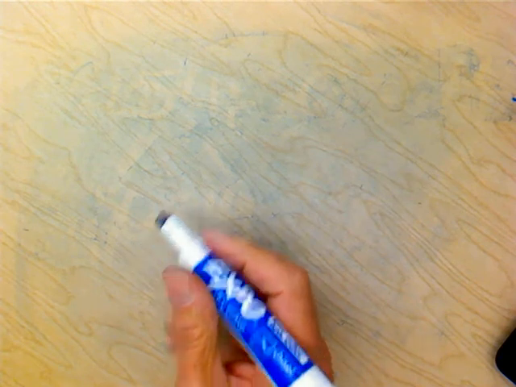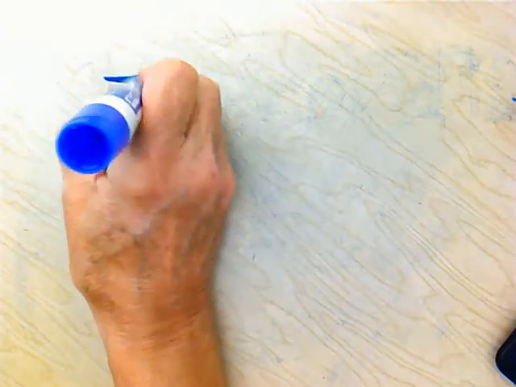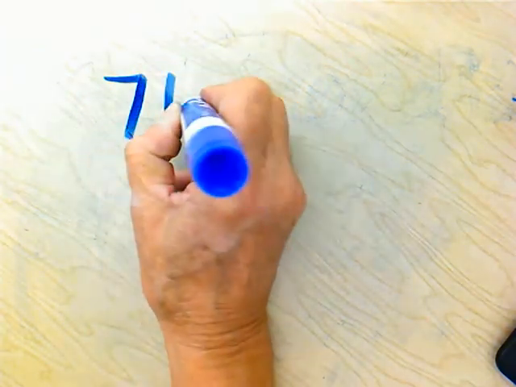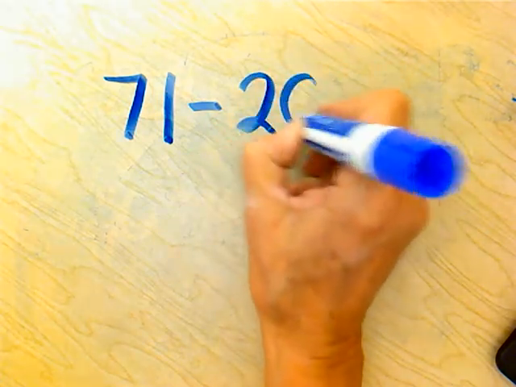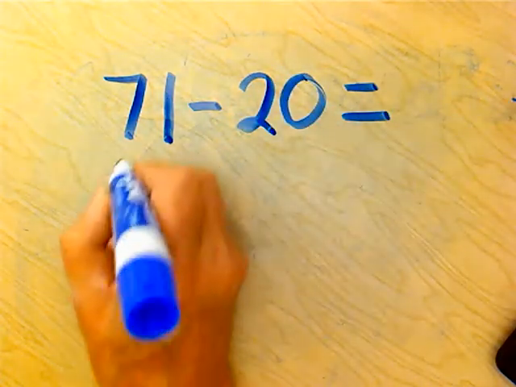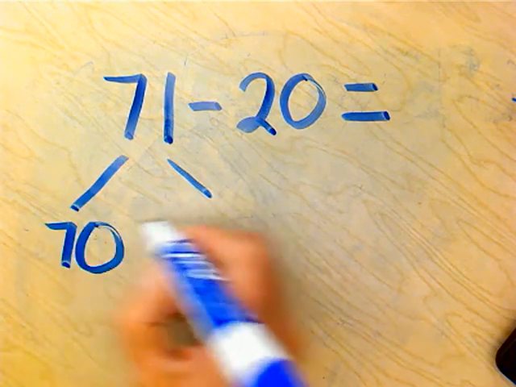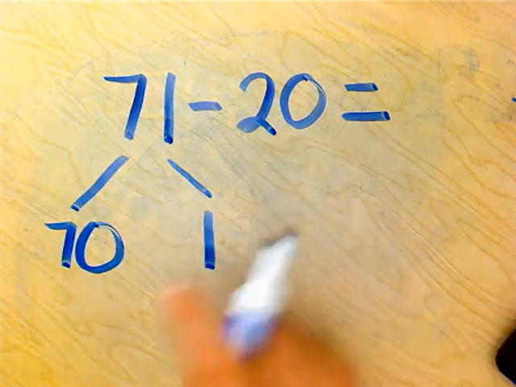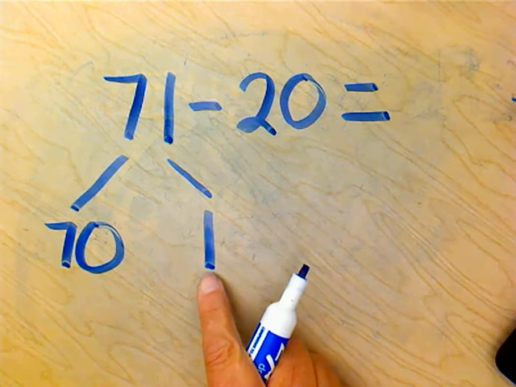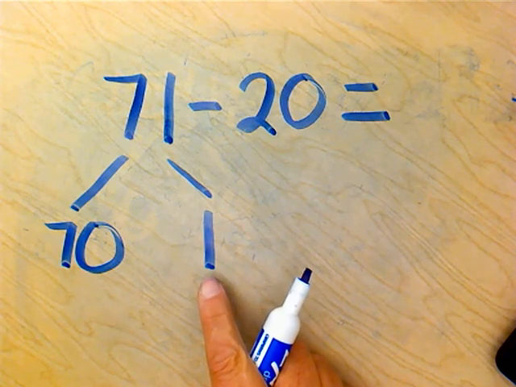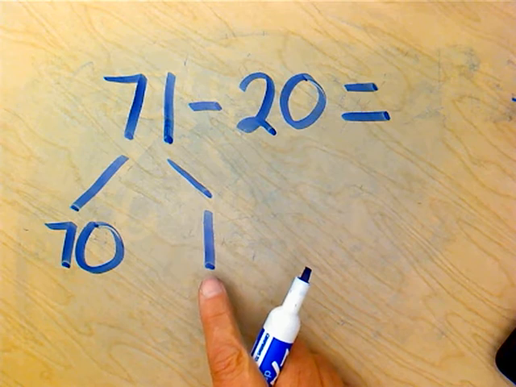Let's take a look at 71 take away 20. Let's see what that would look like. Let's break apart the tens. There's 70 and 1. Now I'm going to look at my ones.